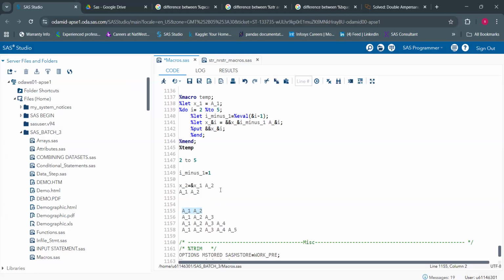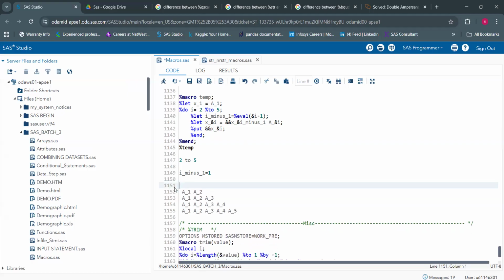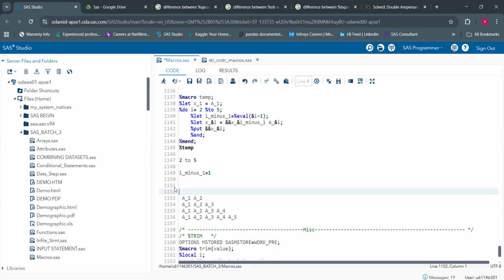Got it? So there's a use of double ampersand. Sometimes we get to have multiple iterations. For example, if you don't provide double ampersand, it simply happens this way. We have to resolve this and again resolve this one.